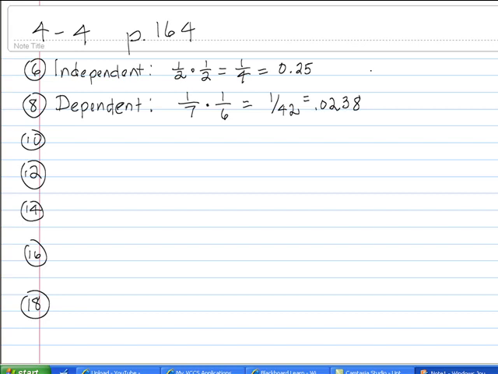Okay, so those would be independent. We're talking about two different digits. And the probability of drawing the same number is 1 in 10, and then again 1 in 10, so that would be 1 in 100, which is 0.01.